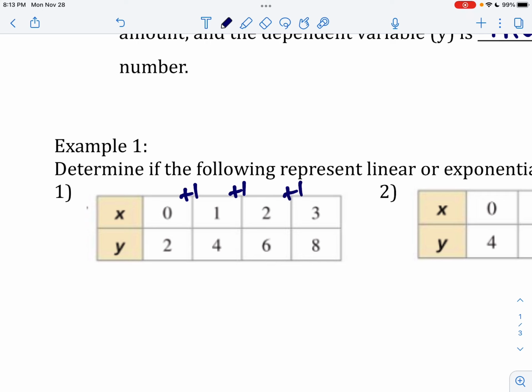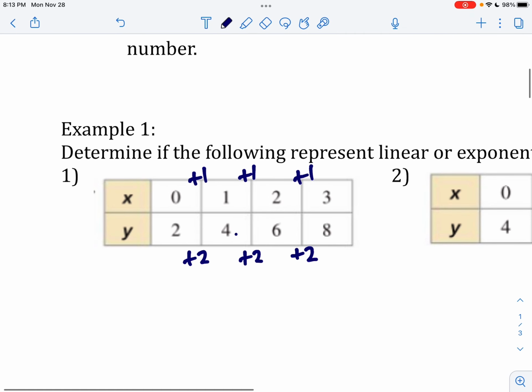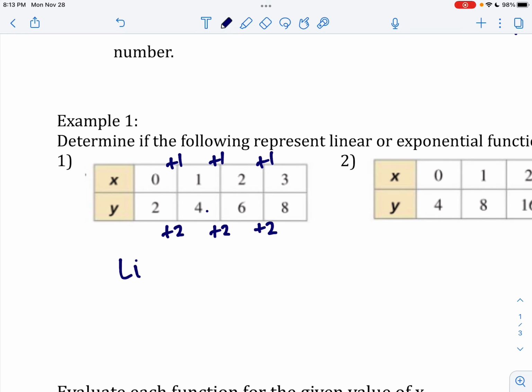The y value from 2 to 4 is plus 2. From 4 to 6 is plus 2. From 6 to 8 is also plus 2. So since the x and the y are both increasing by plus, then we already know that is a linear function because we've done these before.